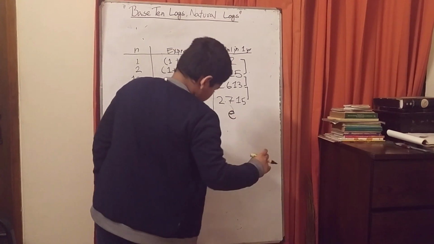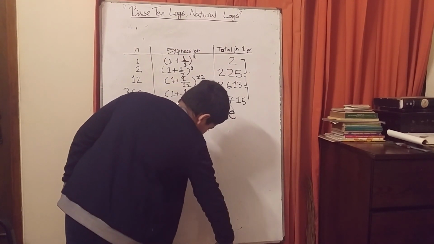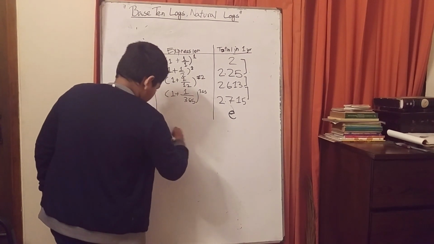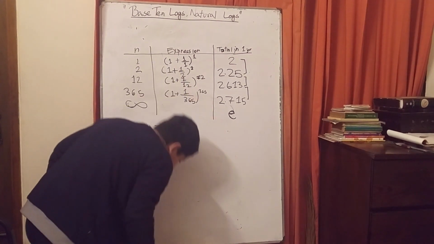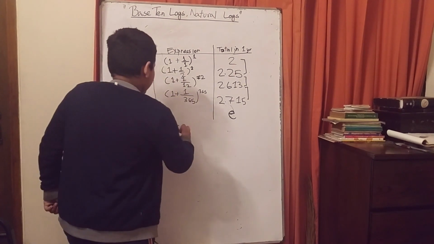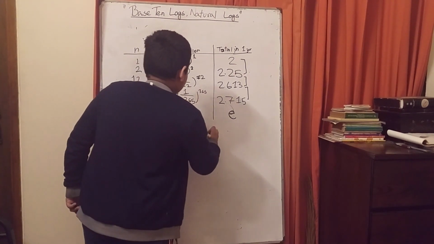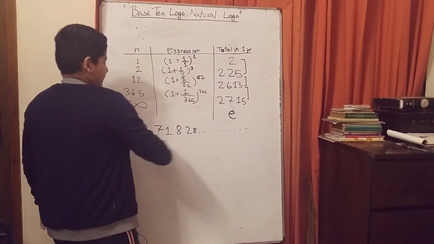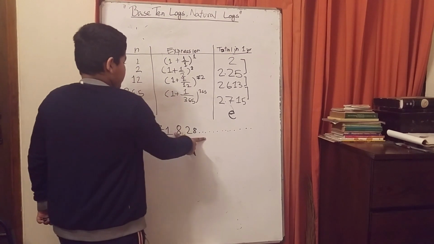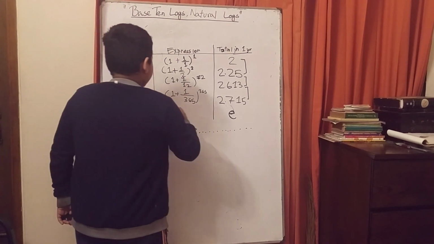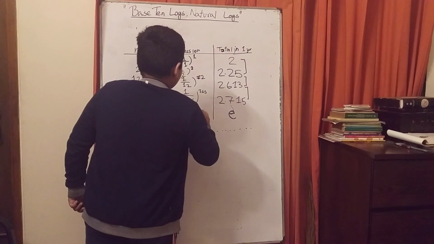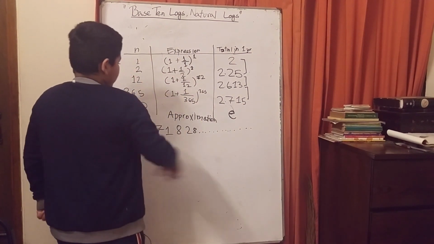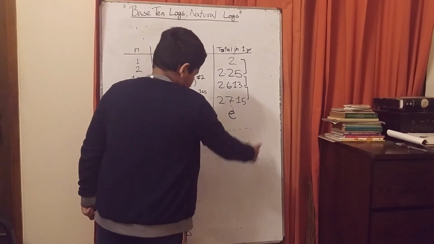And e is a number that is mostly equal to 2.71828 and going all the way up to infinity, and if it's written in digits, then you know it's an approximation, because it will never be this value. It will be more, as the dots represent.